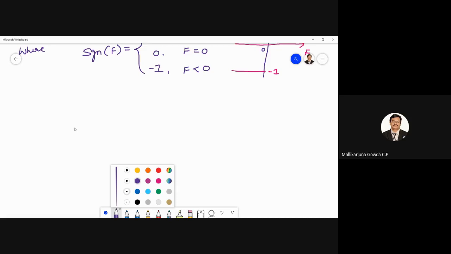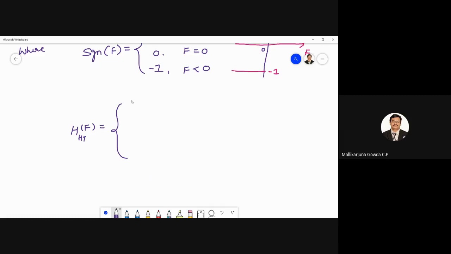H of f will be equal to minus j into signum of f.